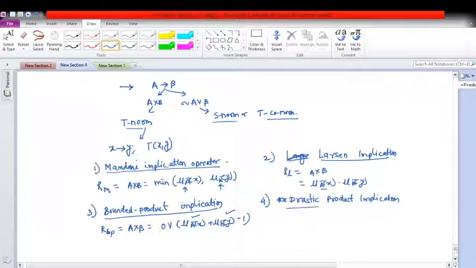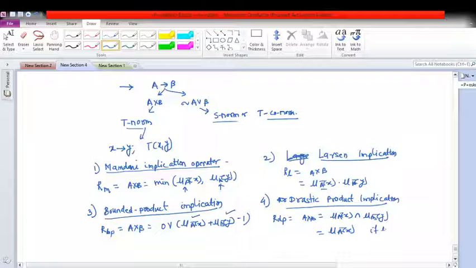And in this you can calculate the relation A coupled with B using mu A bar of X intersection with mu B bar of Y, and that can be written as mu A bar of X. This is the drastic bound product.